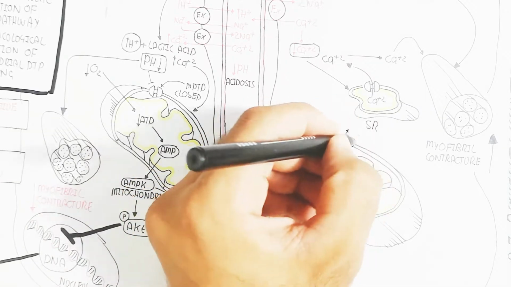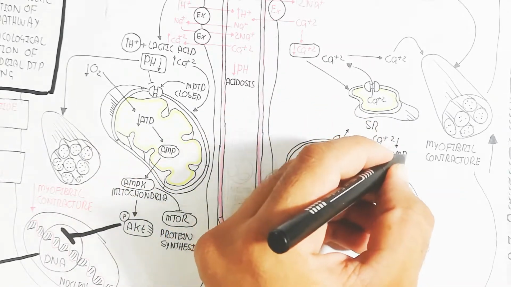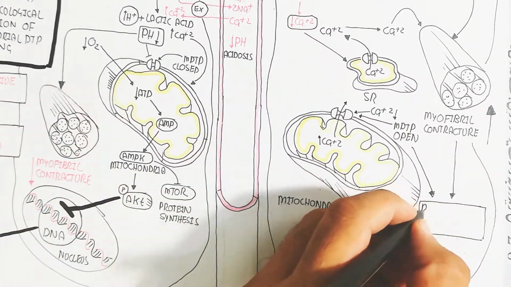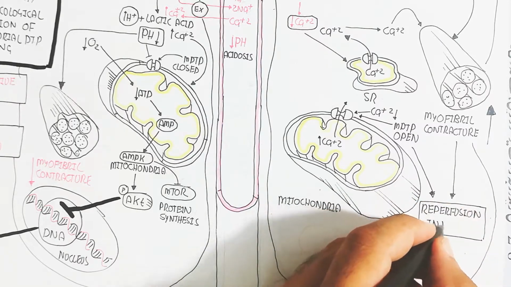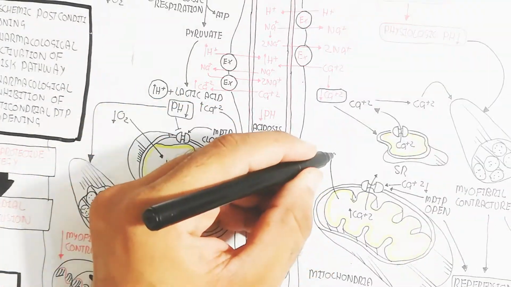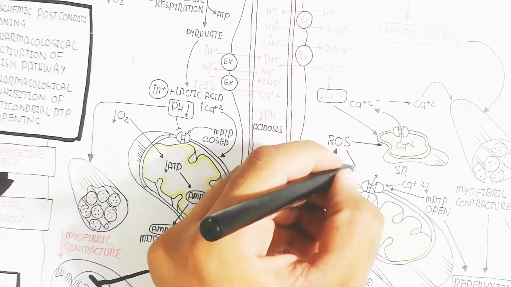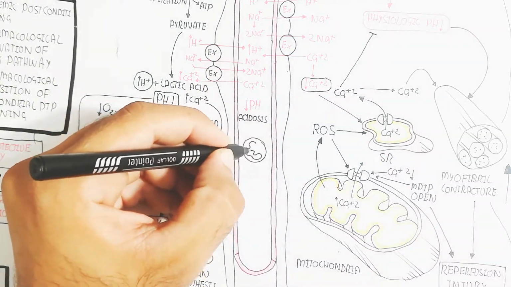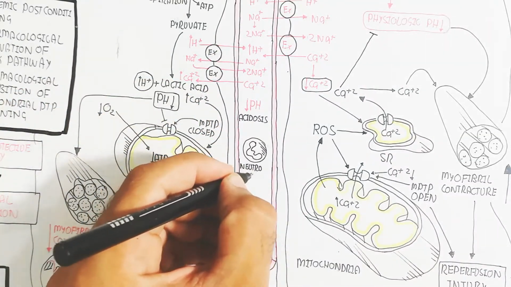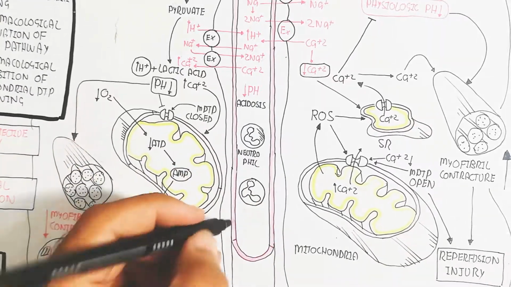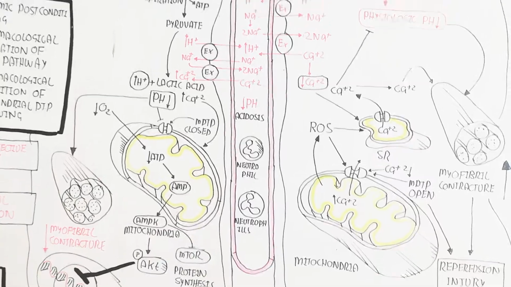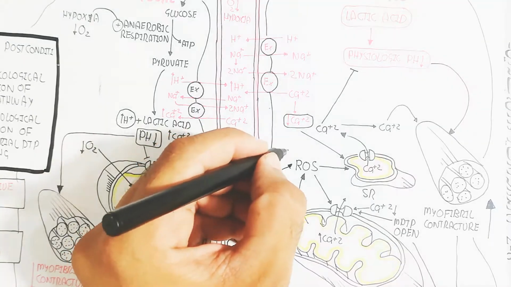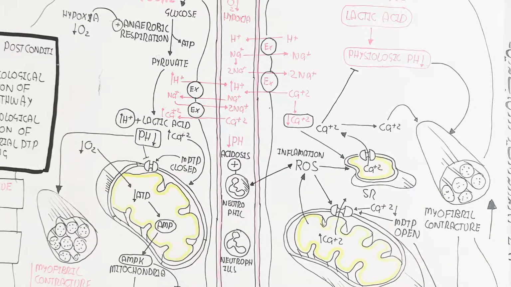In the mitochondria, calcium increases, and the decrease of cytoplasmic calcium leads to outflux of calcium through opening of the MPTP channel. This damages the mitochondria and produces reactive oxygen species, which triggers the sarcoplasmic reticulum, and the inflammation recruits neutrophils. In this way the reperfused cardiomyocyte can form reperfusion injury.